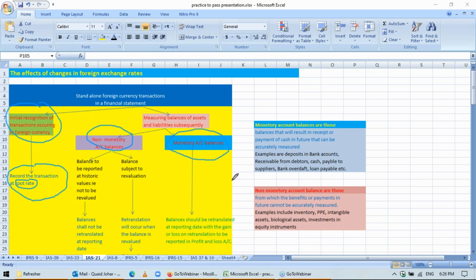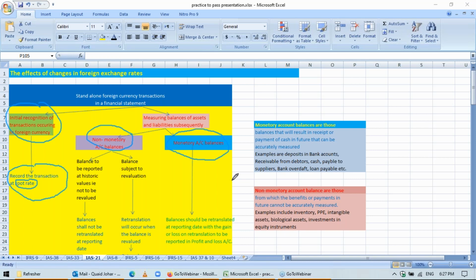So if the account balance is a non-monetary account balance. Now what is a non-monetary account balance? Suppose you buy a building in dollars and your financial statements are being prepared and issued to the shareholders in rupees.